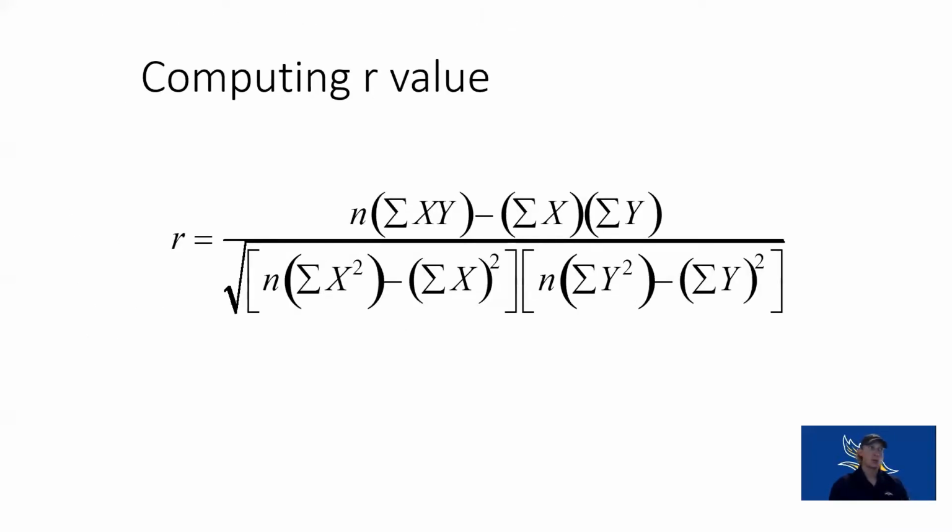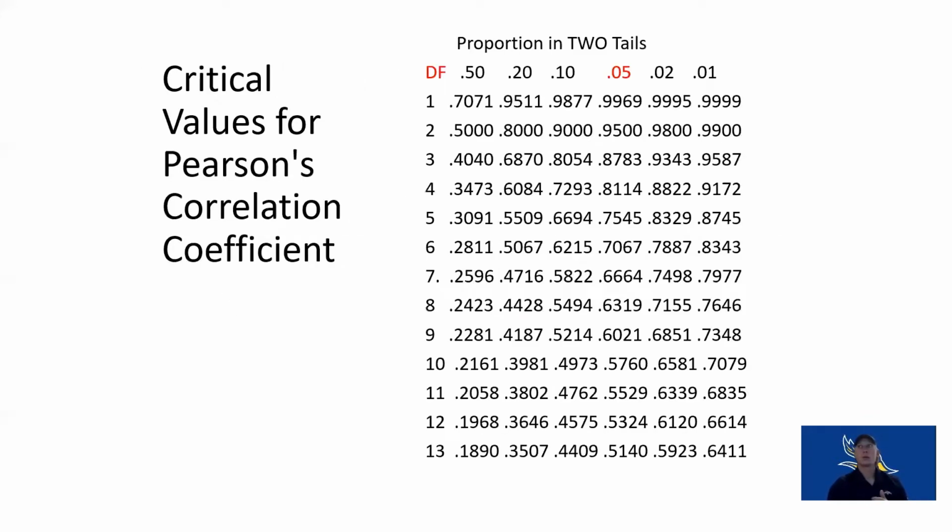We would compute our r value using our r equation, and then compare it based on the degrees of freedom to the r value that is in the table based on the alpha level. So the greater the degrees of freedom, the lower the r value necessary to determine a significant r value.